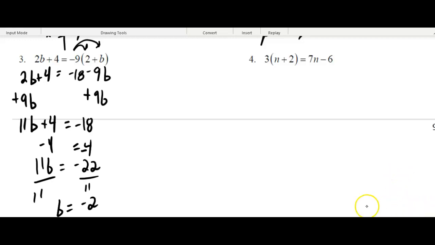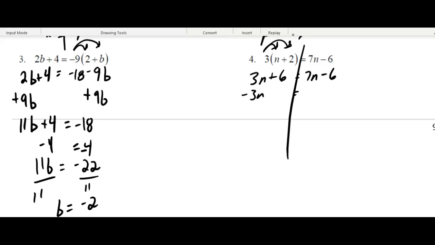Okay, last problem for today's notes. Same thing, we're going to distribute right off the bat here, 3 times n and 3 times 2. So 3n plus 6 equals 7n minus 6. Okay, I subtract my 3n here. Again, draw that if you have to. I don't tend to do that.